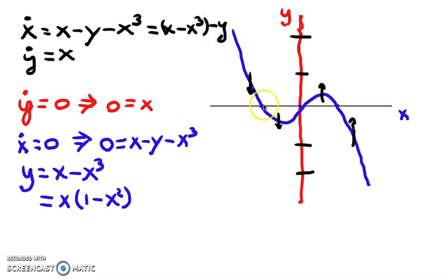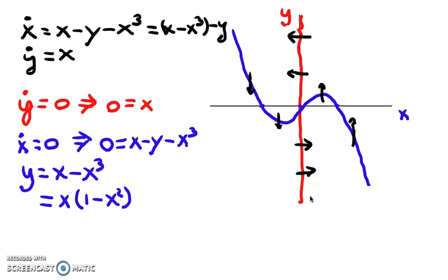And so you can see now that if y is greater than x minus x cubed, this expression, the difference, will be negative, so the rate of change of x is negative. So this expression is negative when y is large, when we're above the cubic, and that would mean that the flow has to be going to the left above the cubic, and it has to be going to the right below the cubic.